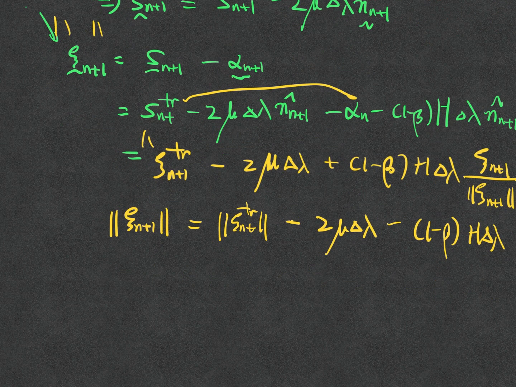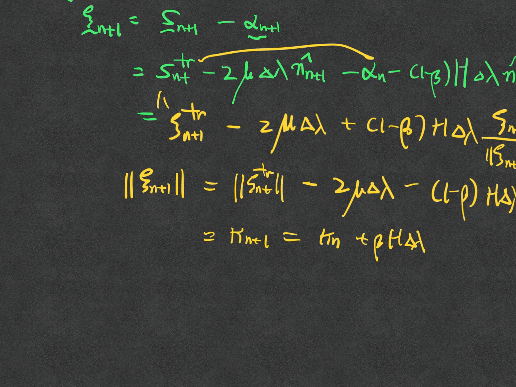And so what happened is that, because that would simply equal to q n plus 1 and equal to q n plus beta h delta lambda.